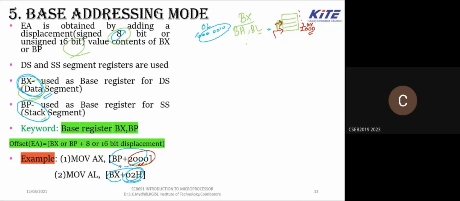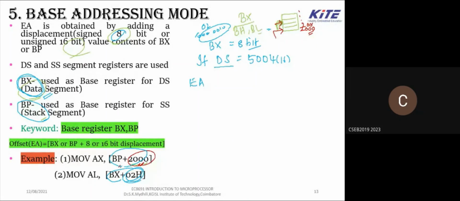Now how will you find this address location? If I consider the second example, MOV AL, [BX + 02H], for this also we should consider some data. BX has the 8-bit signed number. Considering DS is some 16-bit address location, 5004H, what will be your effective address?